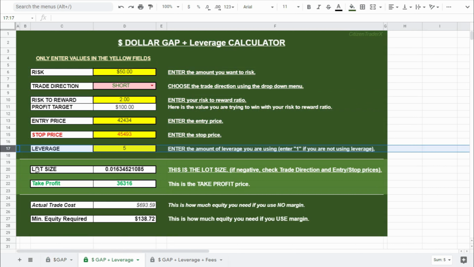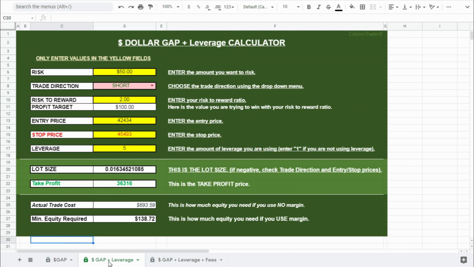If you're using leverage, of course, enter your leverage. This is how much Bitcoin or whatever coin you need to sell. And to sell that amount, you need to have this much money with no leverage and this much money with that much leverage. Cool? I hope so.